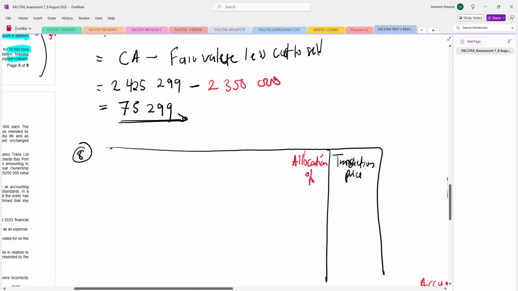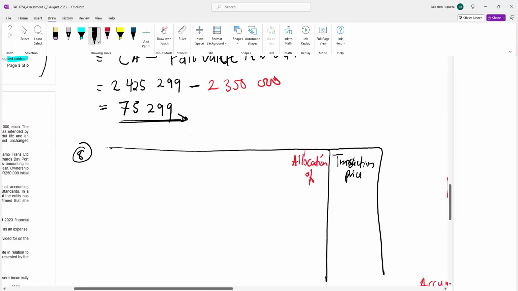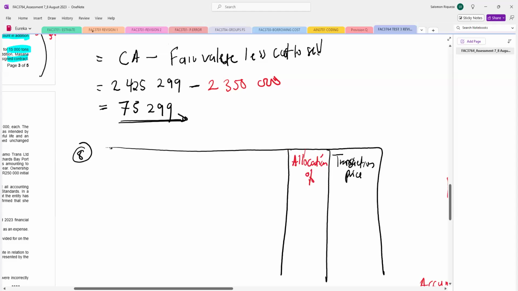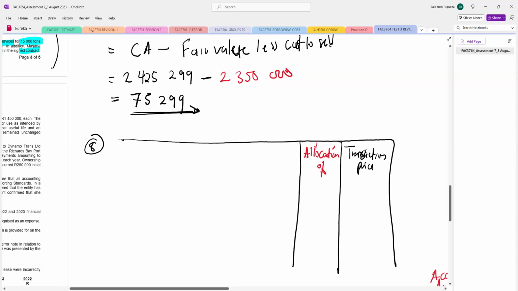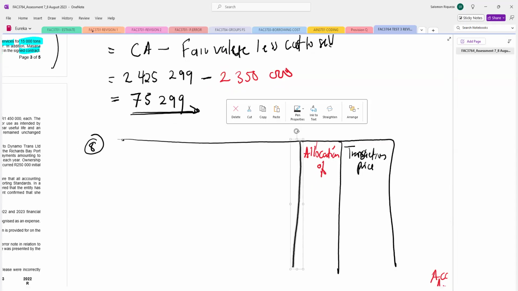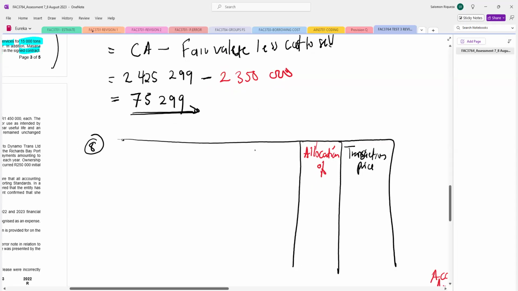Guys, this is just one way of doing things. You don't have to do it in a table, né? But besides, it's a class, so I have to make sure it's clear. So I have my transaction price, I have my allocation percentage, I need my standalone selling price, and I need my performance obligation.